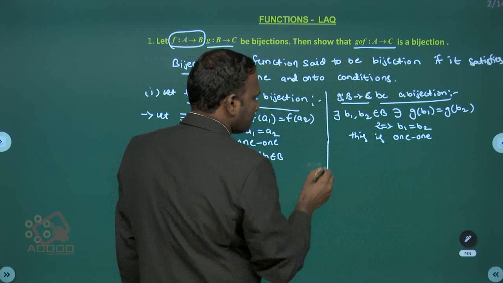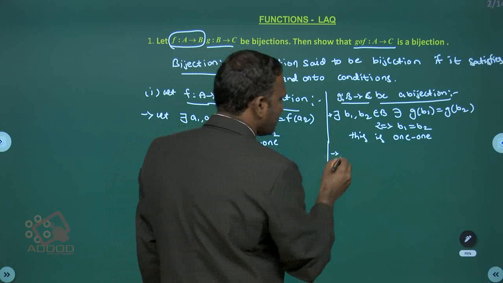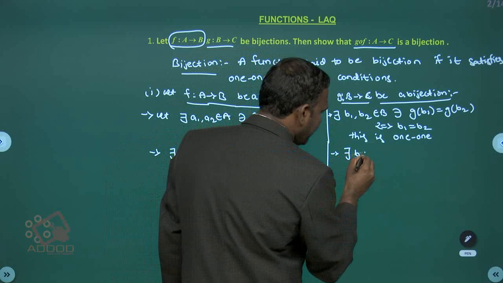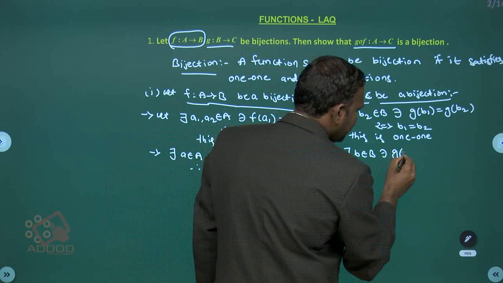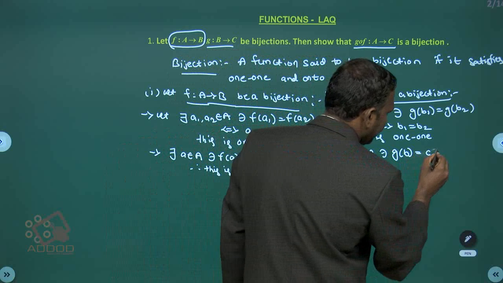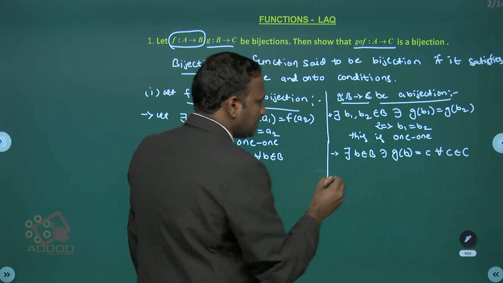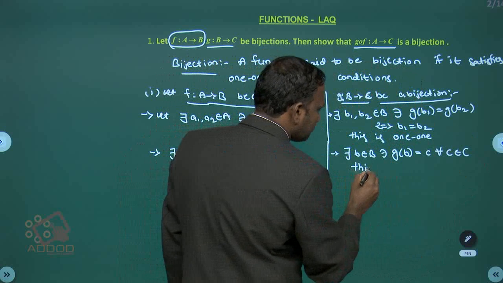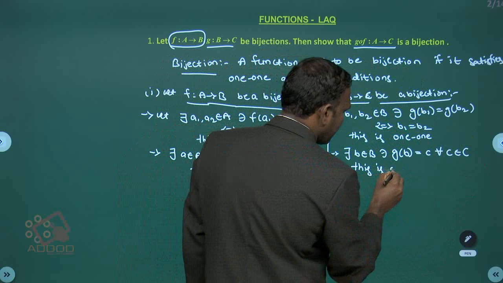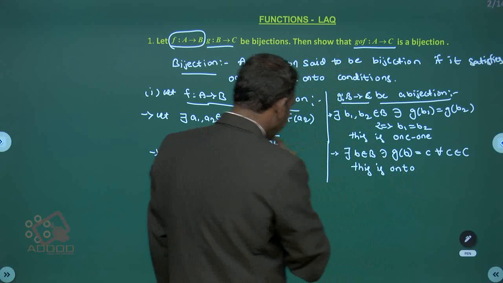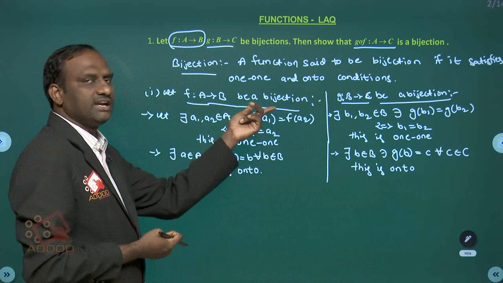Next, condition number 2: there exists an element b belonging to B such that g(b) = c for all c belonging to C. This is onto. So f, a mapping from A to B, is one-one and onto, that is a bijection.